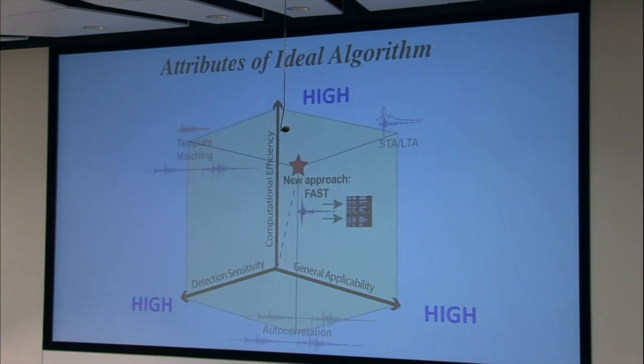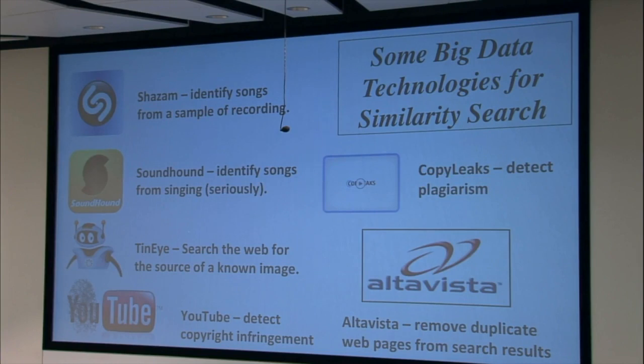So what I'm going to present today is not an ideal algorithm, but it's better in that it's computationally efficient, it's general, and it has high detection sensitivity. And it borrows technology from similarity search in other applications.